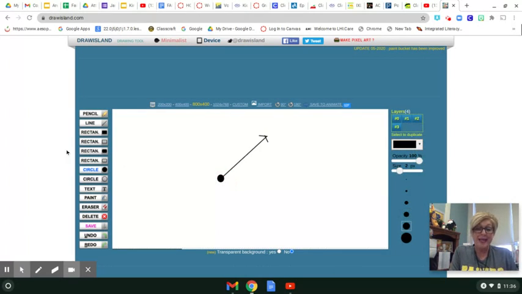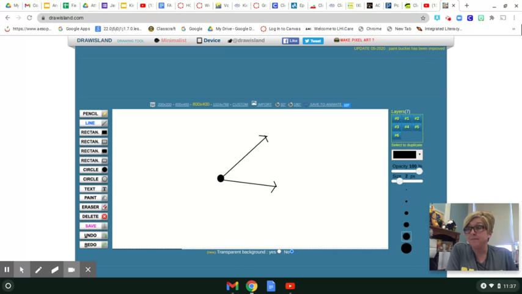Okay, now to make an angle, angles are two rays that are connected and they share the same endpoint, kind of like that. Think about hands on a clock, okay? It's kind of like we've got this ray and this ray.